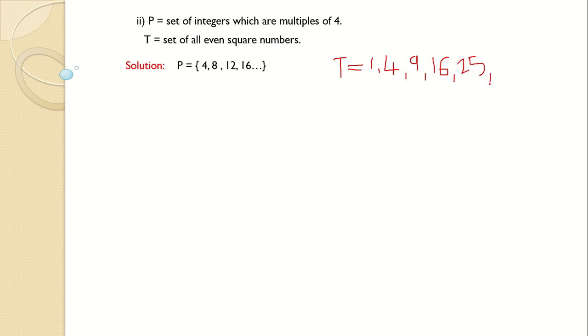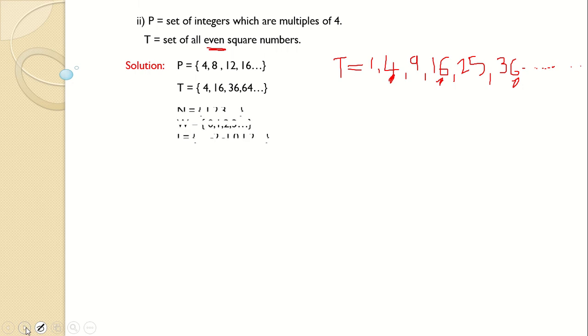6 square is 36. It will also go on, because square numbers means you are squaring the numbers. But you want all the even square numbers. Even means those divisible by 2. Divisible by 2 will have 4, 16, 36 and so on. So this set will be 4, 16, 36, 64 and go on.